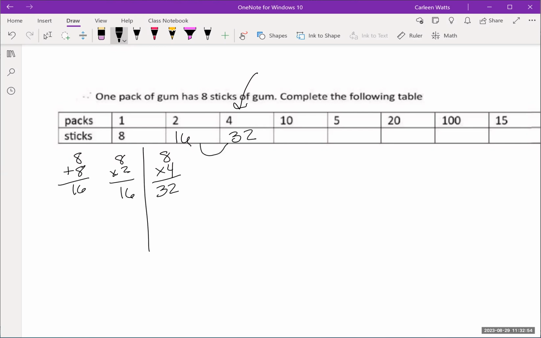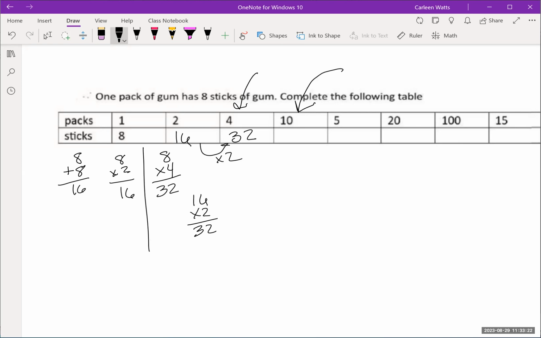Could I just double that one? If I know how much 2 packs are, 4 is just double. So I could take 16 times 2.